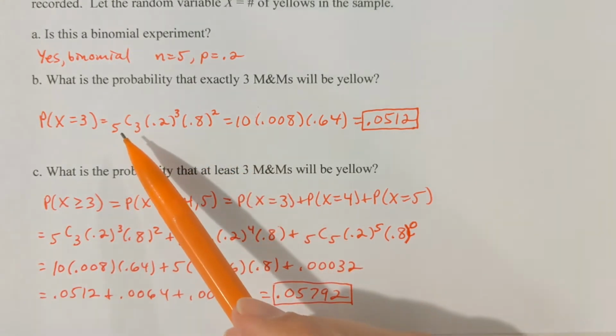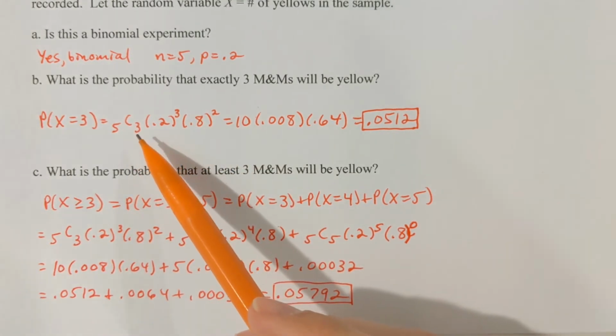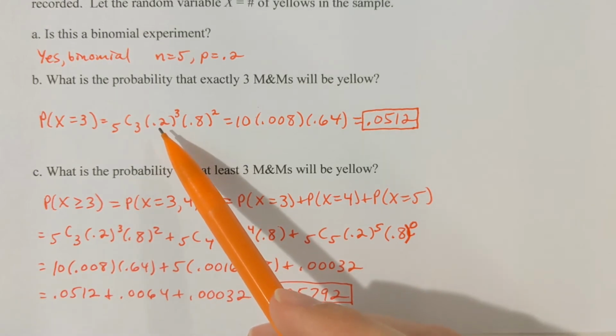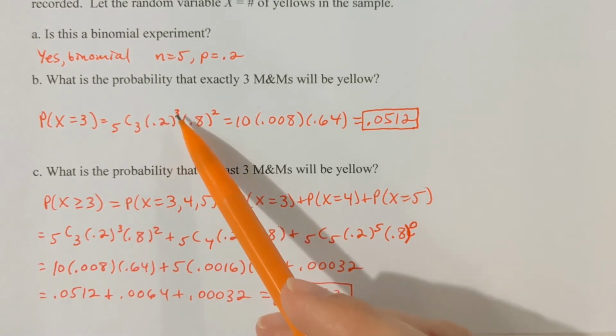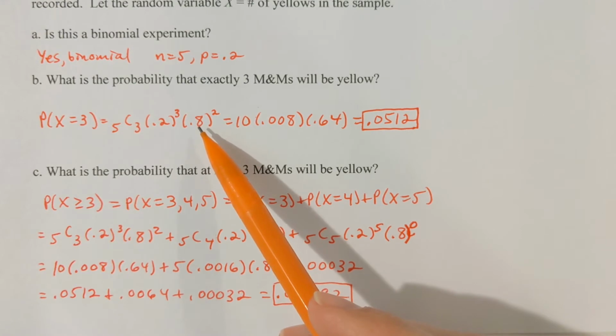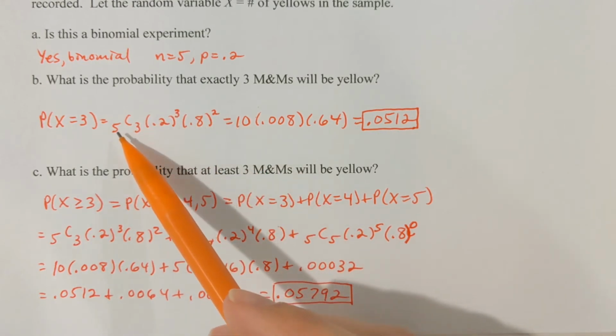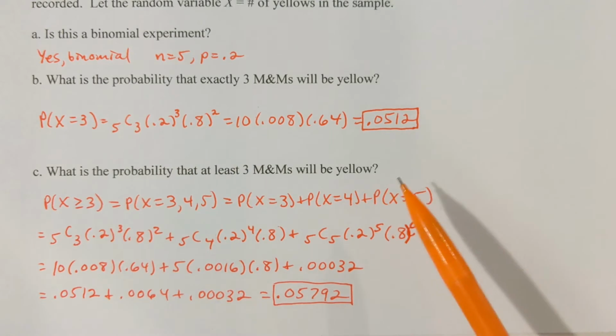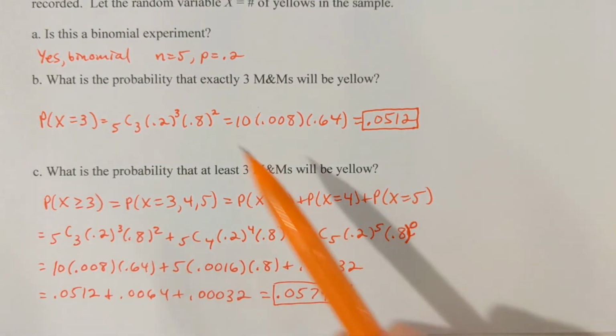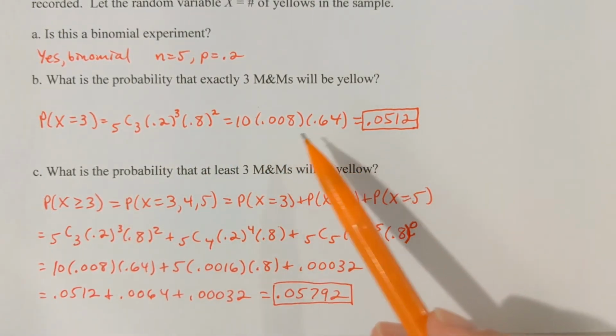So I'm going to want 5 choose 3 times 0.2 cubed, x is 3, and then 0.8 squared, n minus x, or 5 minus 3 gives me 2. Remember, the powers of p and q, when you add those, will always give you n. That will always happen. So then I go to the calculator and simplify.